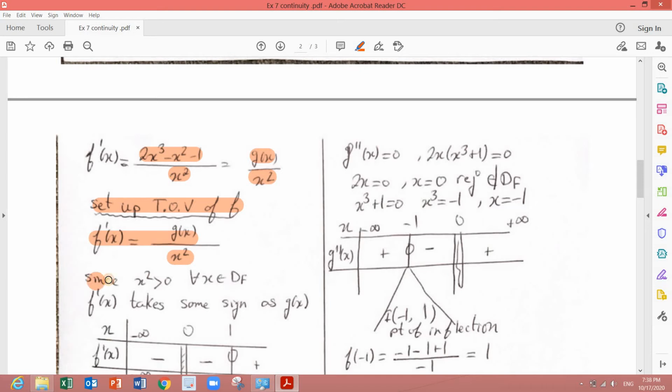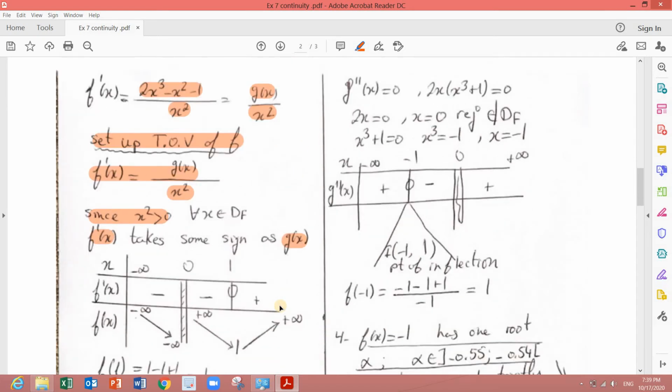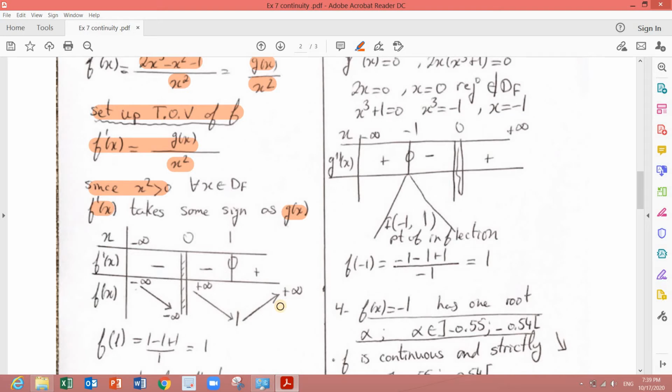Since x squared is always positive, f prime x has the same sign as g x. In the previous parts, we said that g x is negative if x is less than 1 and g x is positive if x is greater than 1.